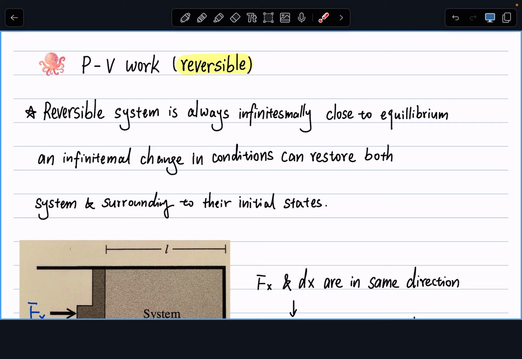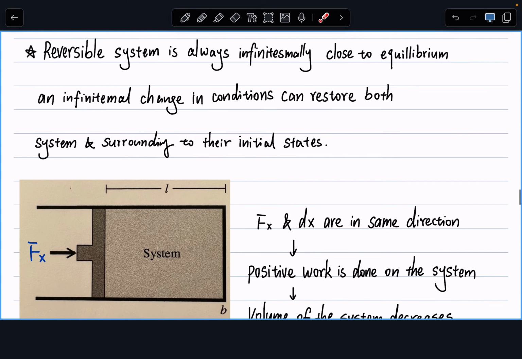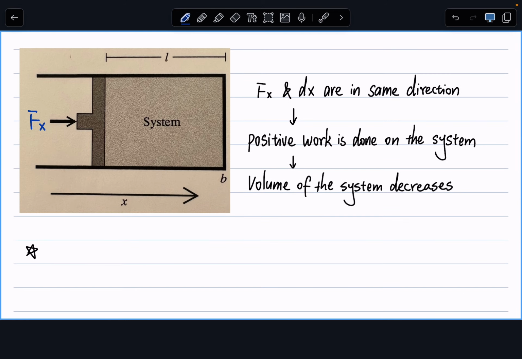But if we're focusing on reversible PV work, we can take it one more step further to make it more useful for us. Because remember, we care about the relationship between pressure, volume, and temperature, right? So in the original derivation or definition of work, we have dW, let's say on the x direction only, equals Fx dx, right?